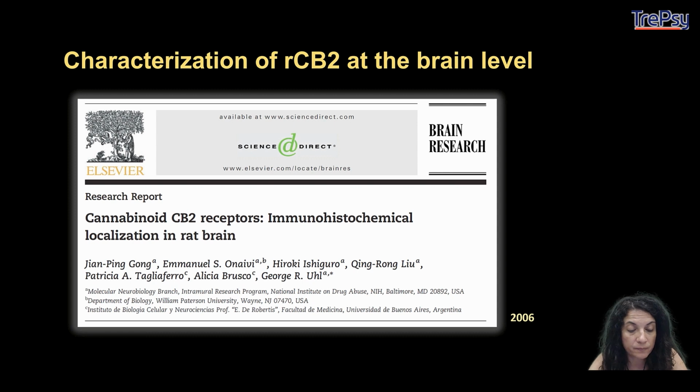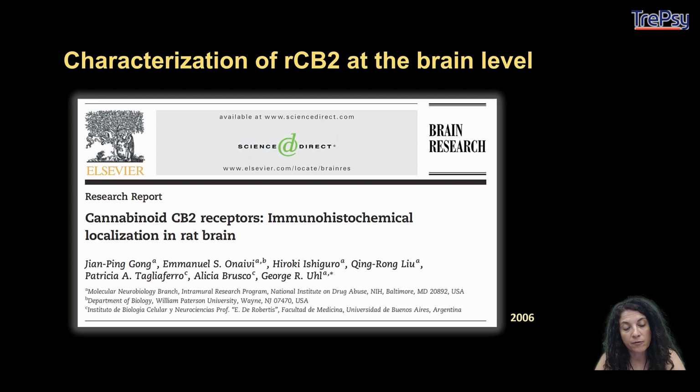So this work was very, very important, and for me an inflection point, I can say, because it was the characterization in 2006 of CB2 receptor at the brain level in the rats.